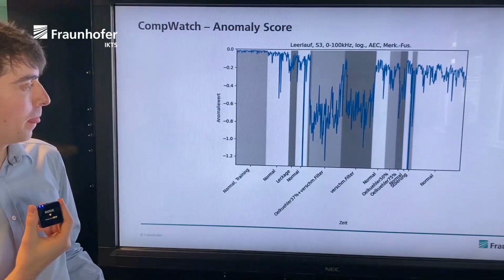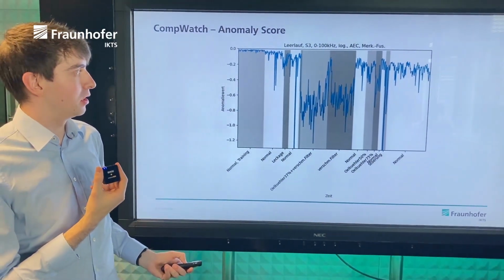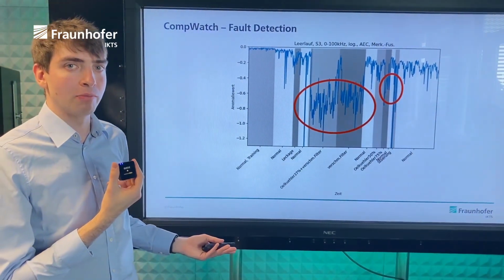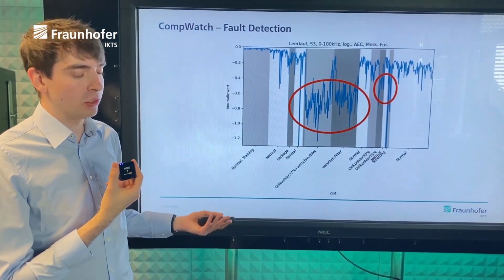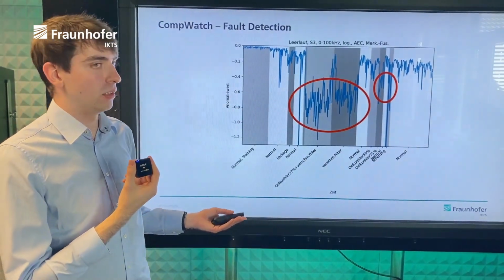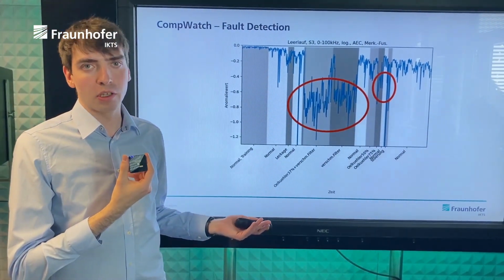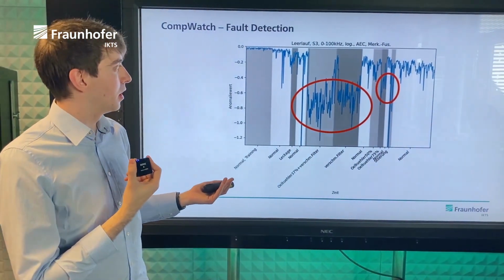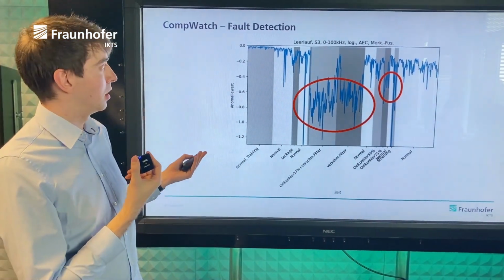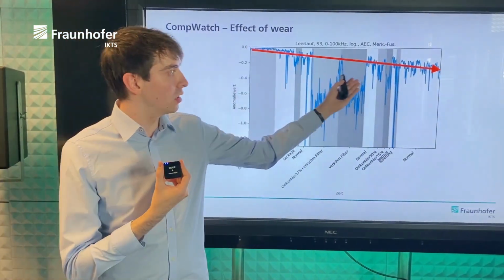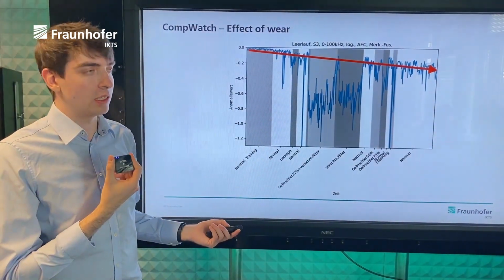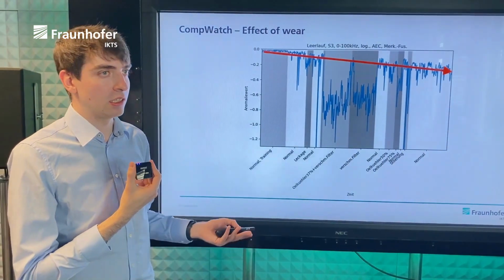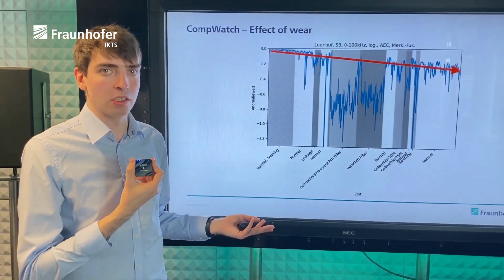This can then be used to detect faulty behavior that we either simulated during our recordings over a few months, or that occurs due to the working environment, like a lot of dust in the area. The other trend you can analyze is the downward trend of this graph, which allows us to see the effect of wear and then also plan ahead for when to do any special maintenance work.